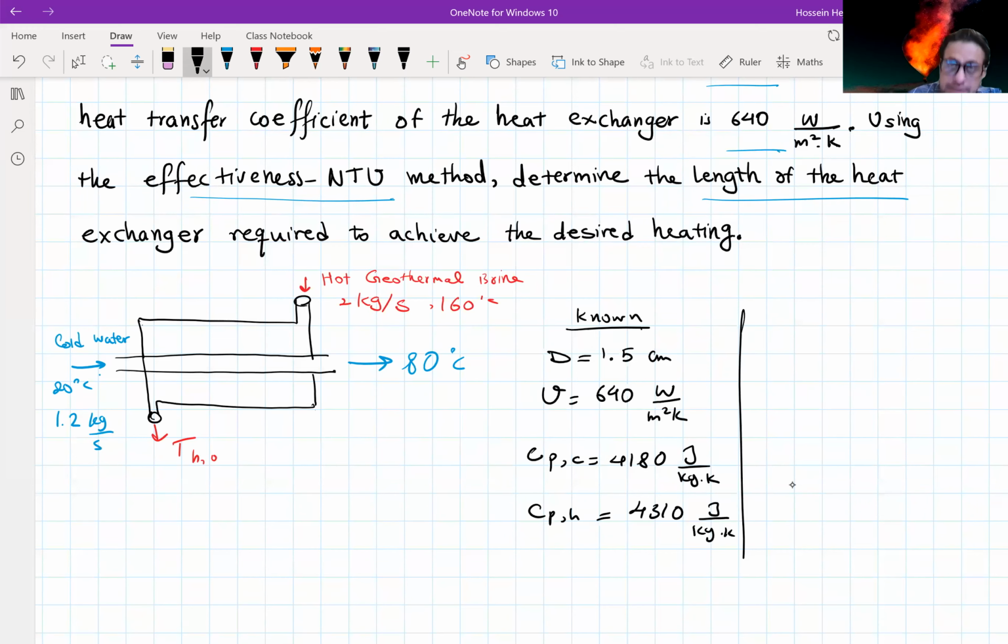Okay. In terms of assumptions, let's assume we have steady operation. What this means is we have steady state conditions, like the temperature is not supposed to change with time along the heat exchanger. So we have steady operation and negligible heat loss to surroundings.